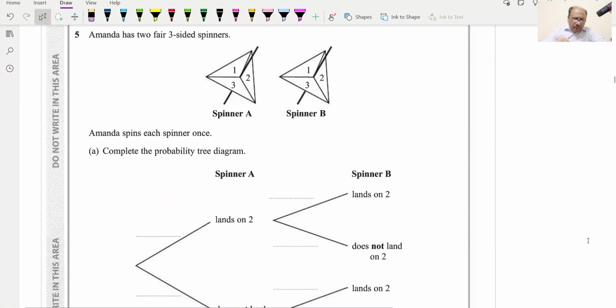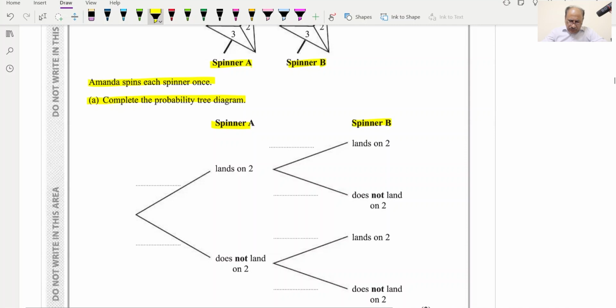Now question number 5. Question number 5 says Amanda has two fair three-sided spinners, spinner A and spinner B. Amanda spins each spinner once. Complete the probability tree. Spinner A lands on two.